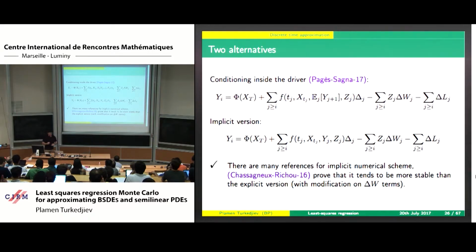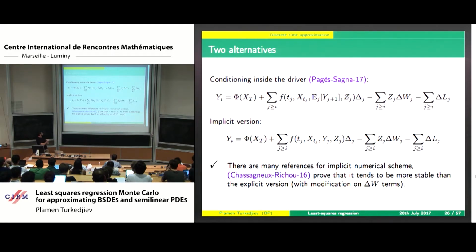Some alternatives have been proposed, one recently due to Gilles Pagès and Sagna, who studied this discretization scheme, where now we see, rather than having the conditional expectation outside the driver, we put it inside on y. They studied this problem in the context of quantization algorithms, but I thought it was of interest, and this paper is certainly very interesting, so I would flag that.